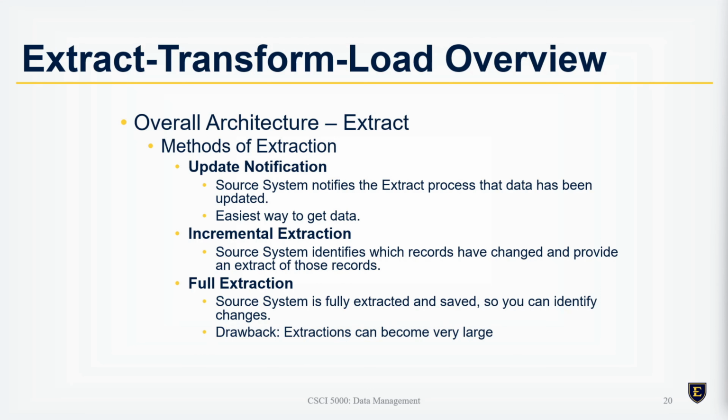The problem is that extractions can become very large, especially in those systems that are to the petabyte scale. So we want to ensure that this moves efficiently, so a full extraction might not be the best way.